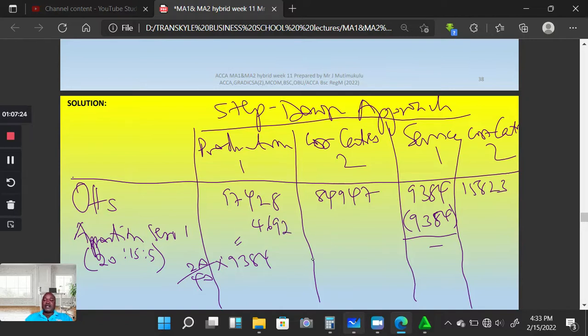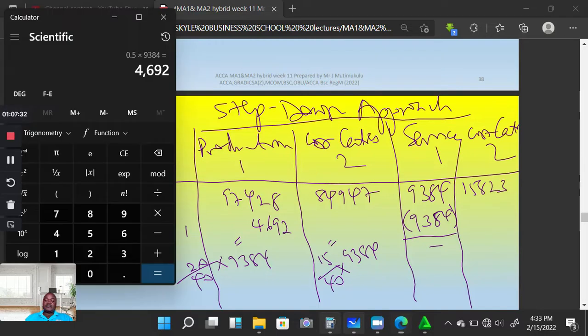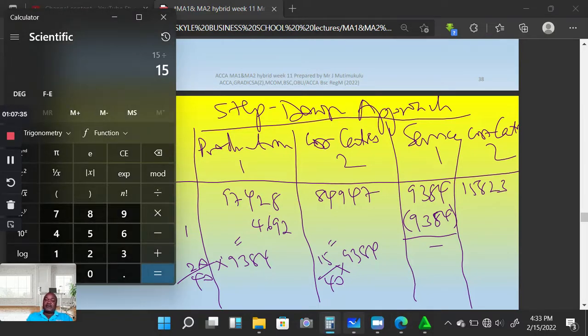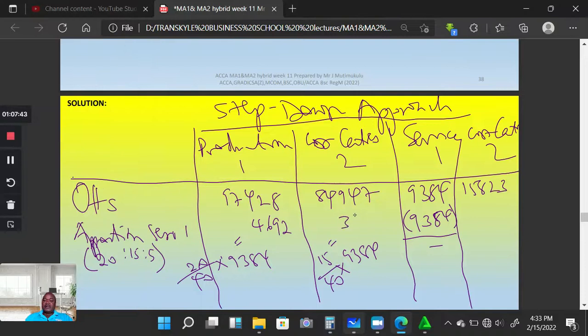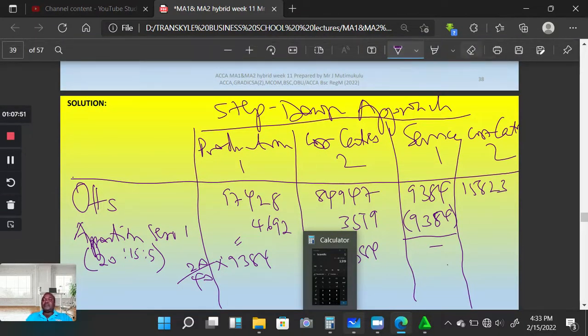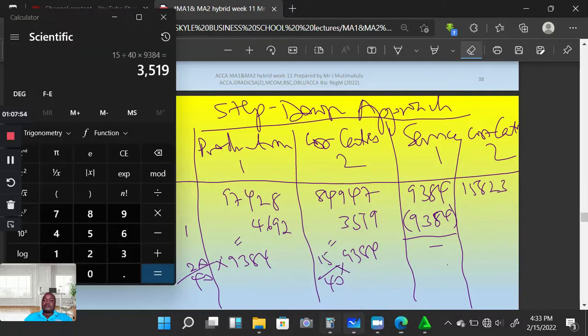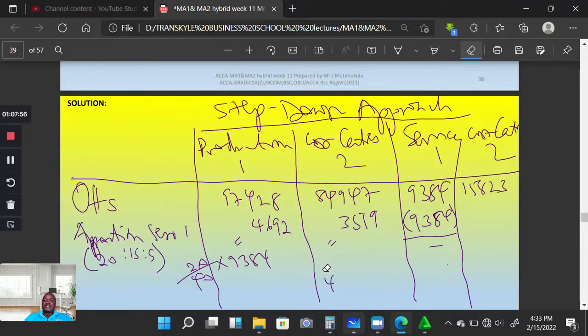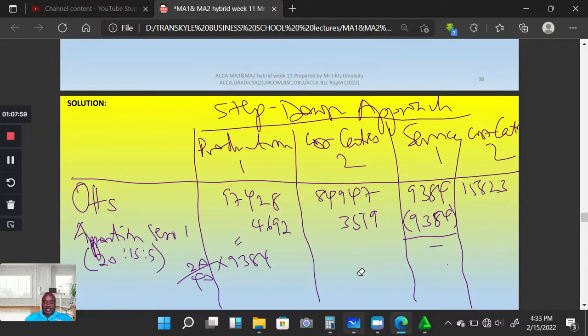Then we've got 15 over 40 multiplied by 9384, which is 3519. Then we tie it up very carefully, because if we are not careful, we'll disturb the lines.